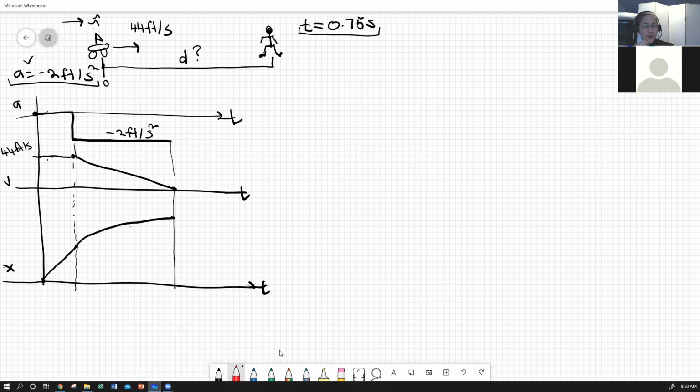So you could break your distance up as what you covered during the reaction time, and then the distance you covered during your deceleration time. So this is your x reaction.